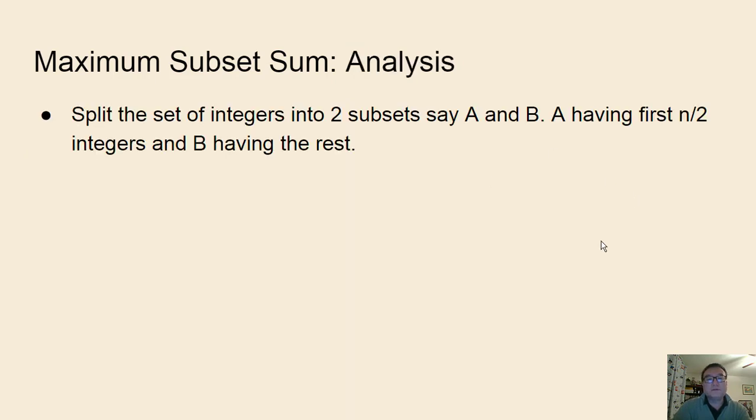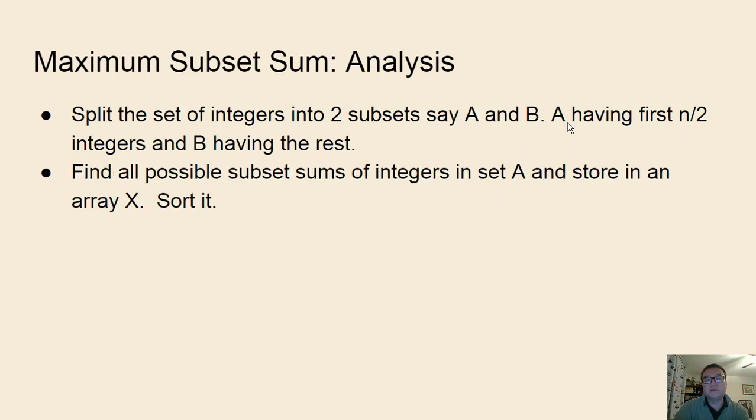More specifically, we split the set of integers into 2 subsets, A and B. Let's say A has the first half and B has the second. How to divide it doesn't really matter; we can just split them arbitrarily. Then we compute all the possible subset sums of integers in A and store them in some data structure. I think we need an array for this nearest-value lookup.